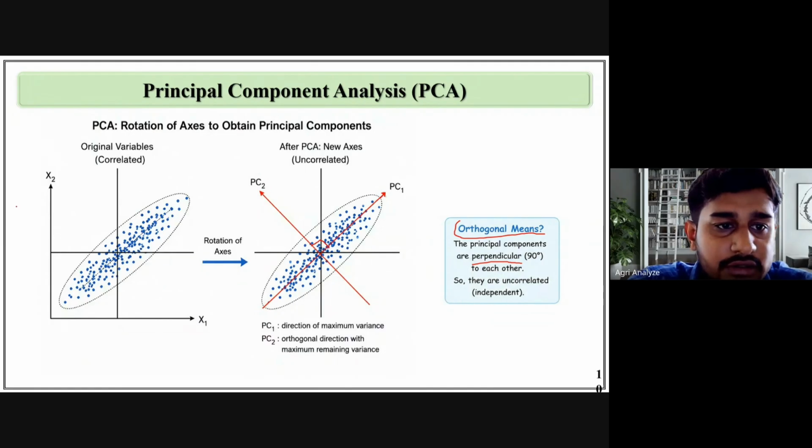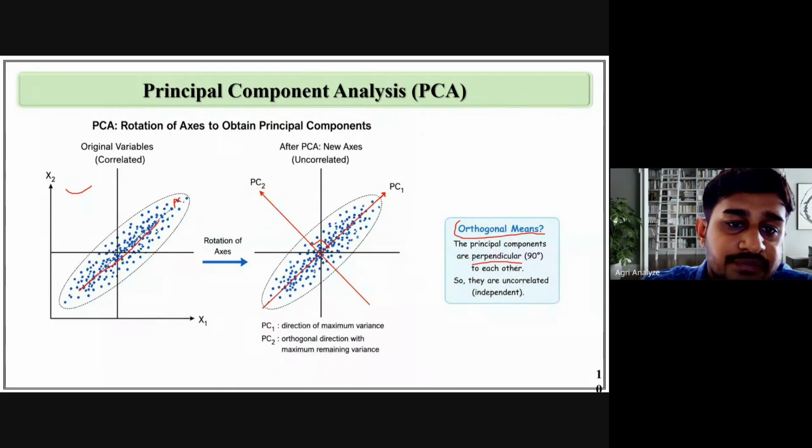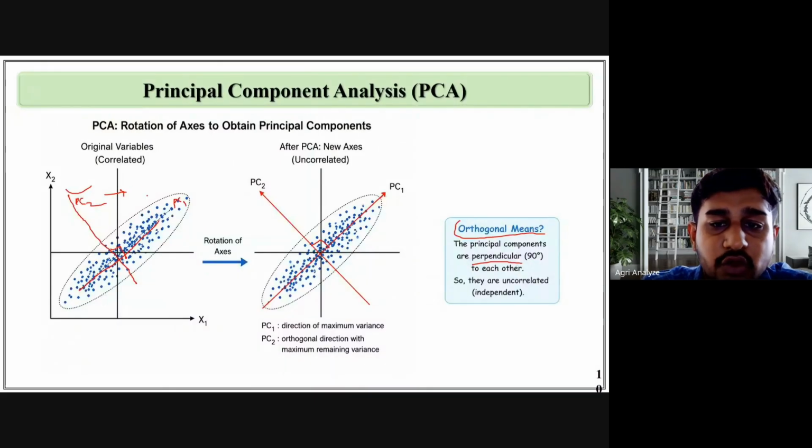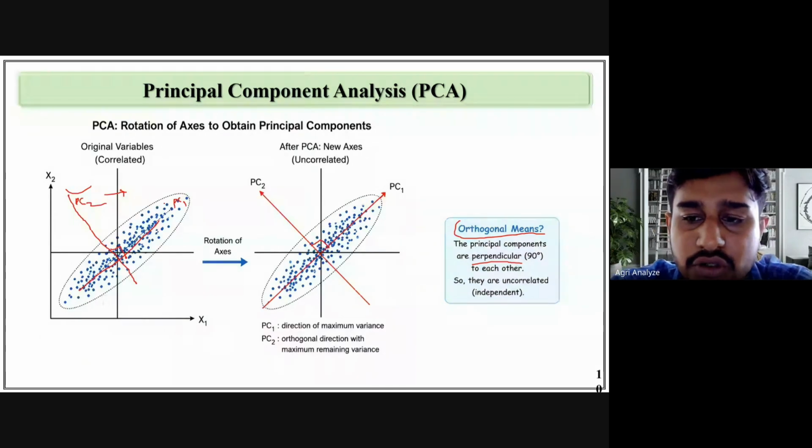X1 and X2 are correlated because the data pattern looks like this. The new axis follows the pattern of our data, so this is PC1. Then the second direction is at 90 degrees to PC1, and this is PC2. That's why they are uncorrelated, and that's why PC1 and PC2 are orthogonal to each other.